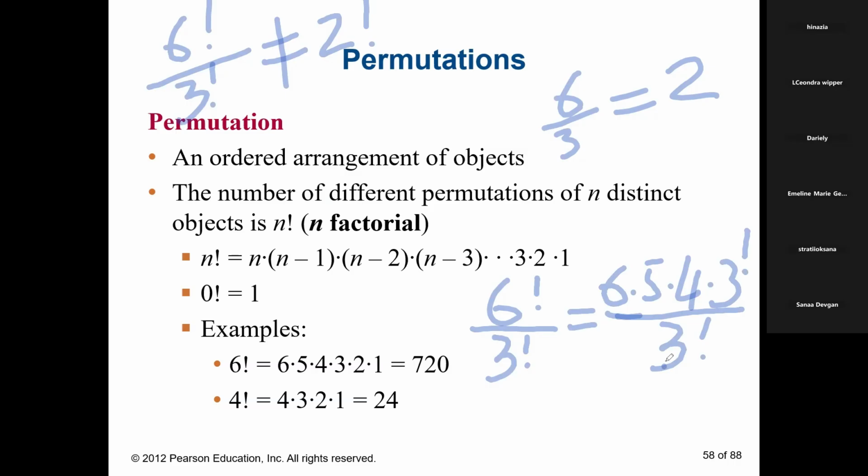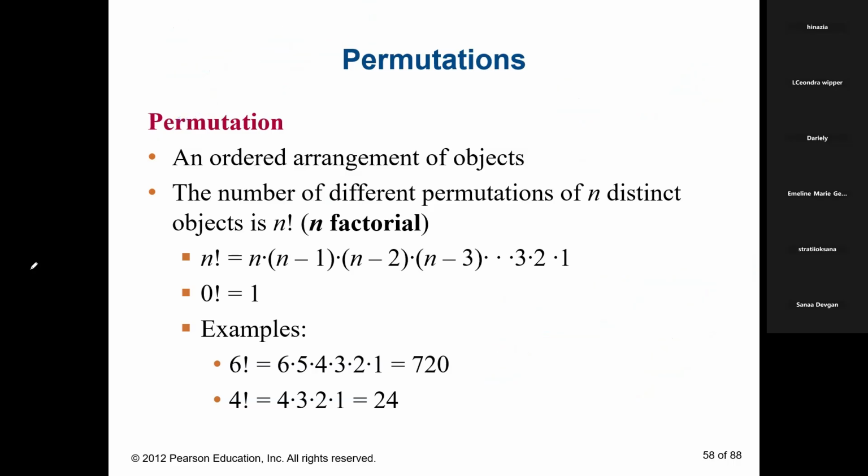Why in the example does it go all the way down to 2 and 1? You see the 6 factorial here? When you have 6 factorial, we can go all the way down to 1.